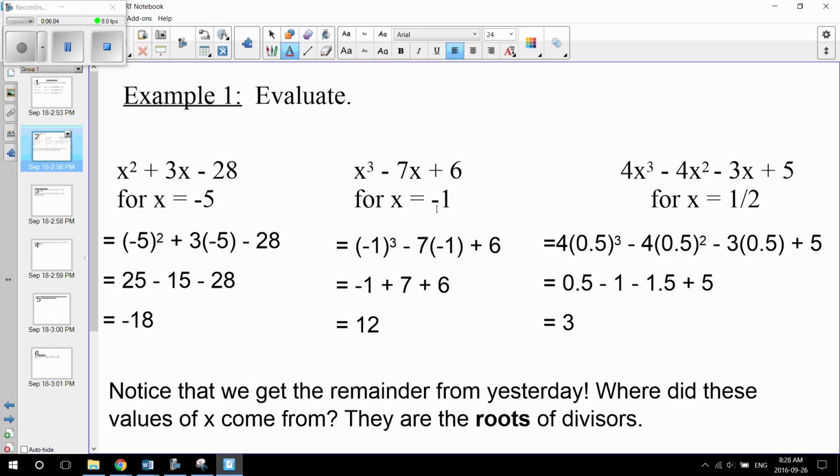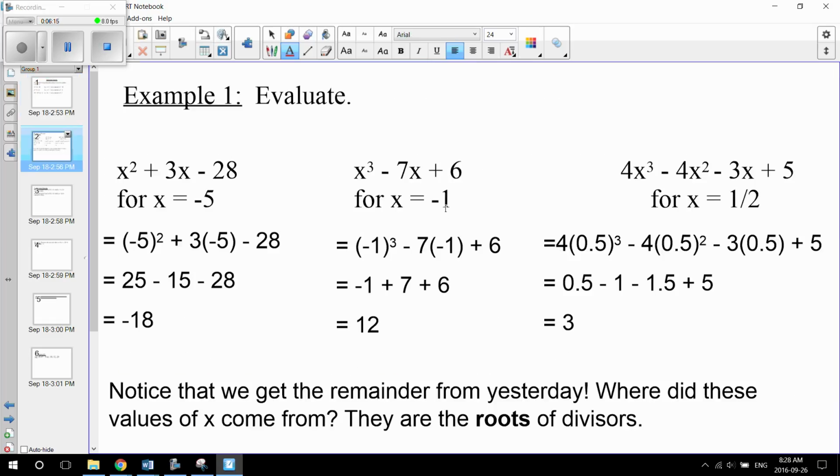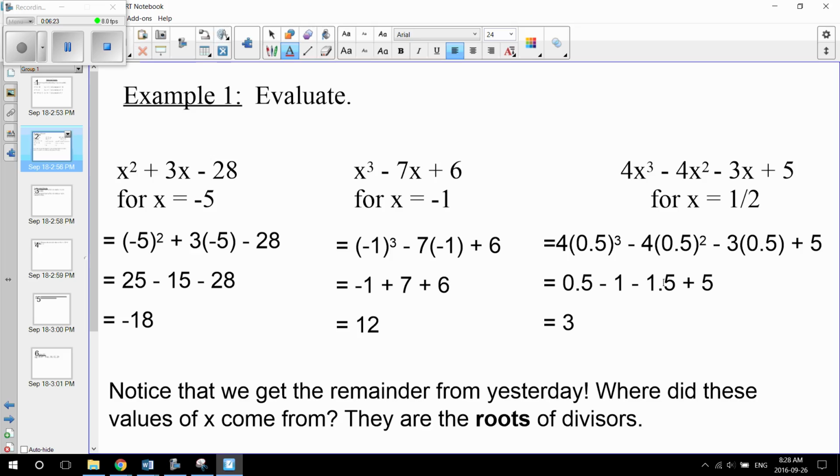Look at our second one, we plugged in a negative 1. But again, that makes sense because our factor was x plus 1. So when our factor is x plus 1, the actual x value is negative 1. And our last one, our factor was 2x minus 1, and we plugged in 1 over 2.